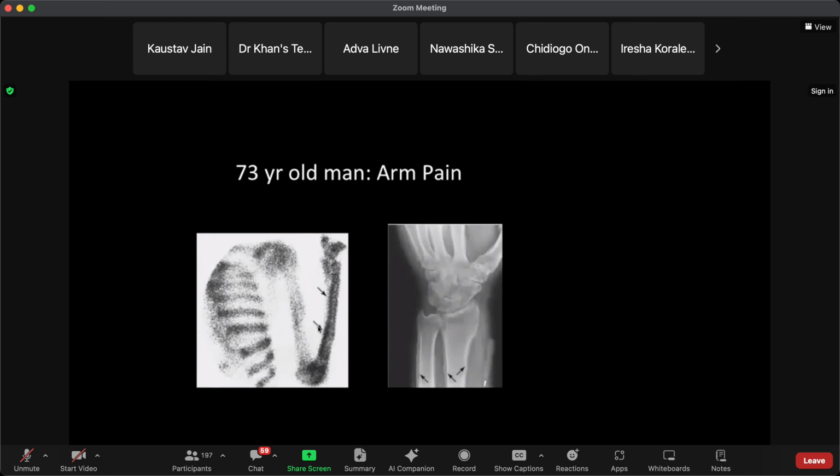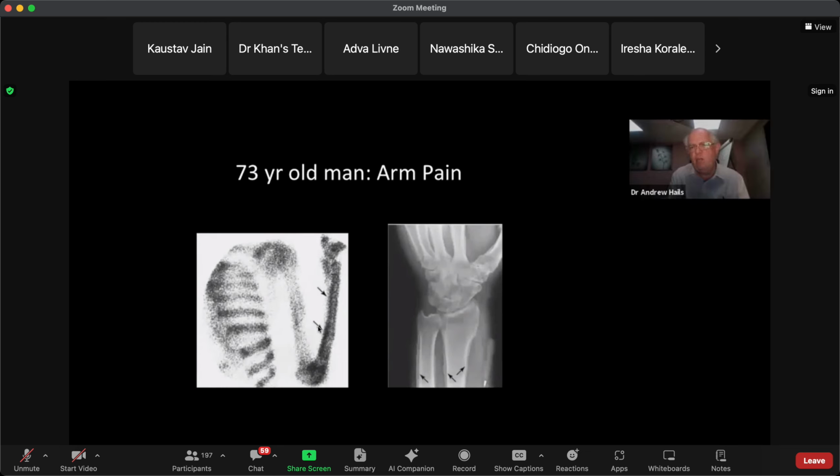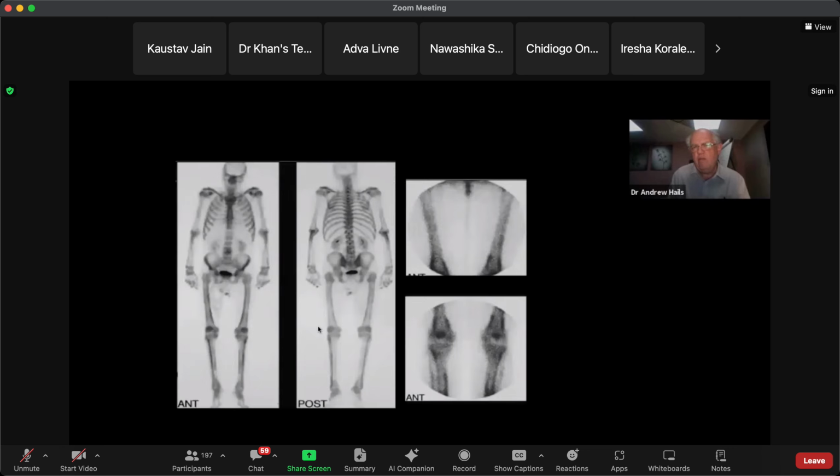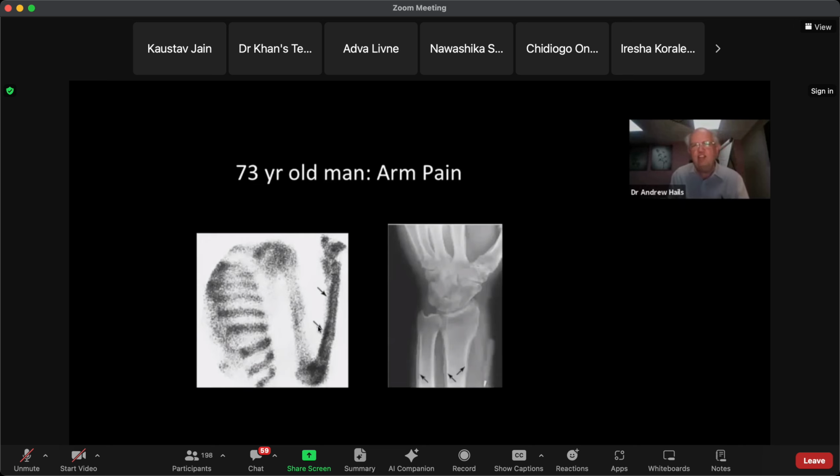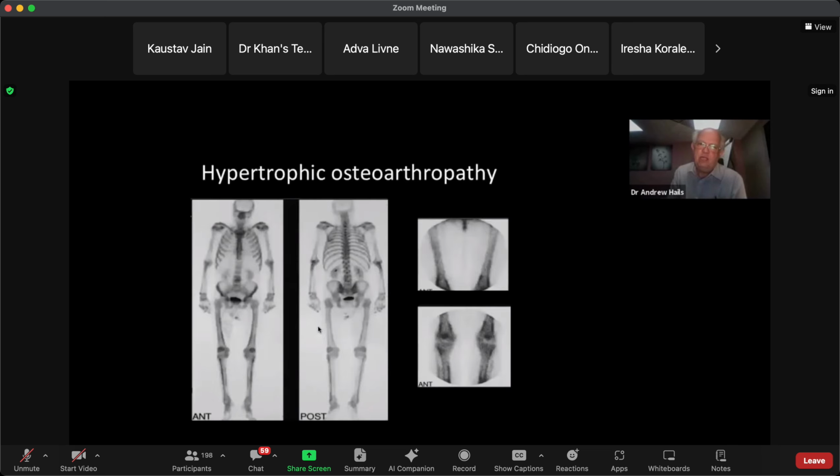And this is another example of it where it's in the arm, and you can see it on the plain film there. Obviously, it's very often due to lung cancer or pulmonary problems, but there are other things, liver disease, inflammatory bowel disease and cyanotic heart disease, that can produce hypertrophic osteoarthropathy.